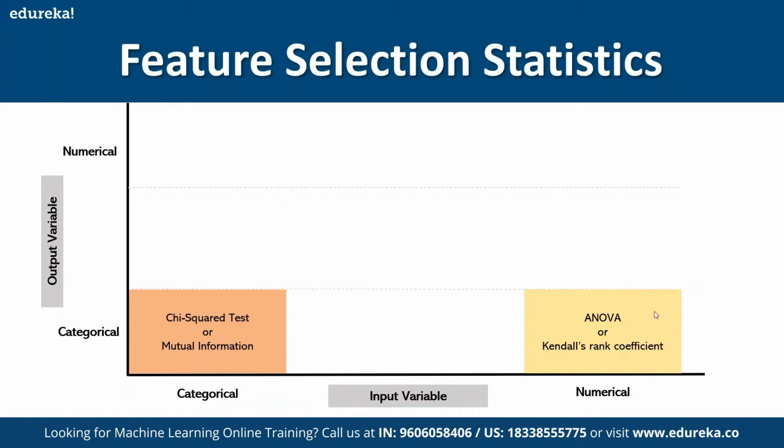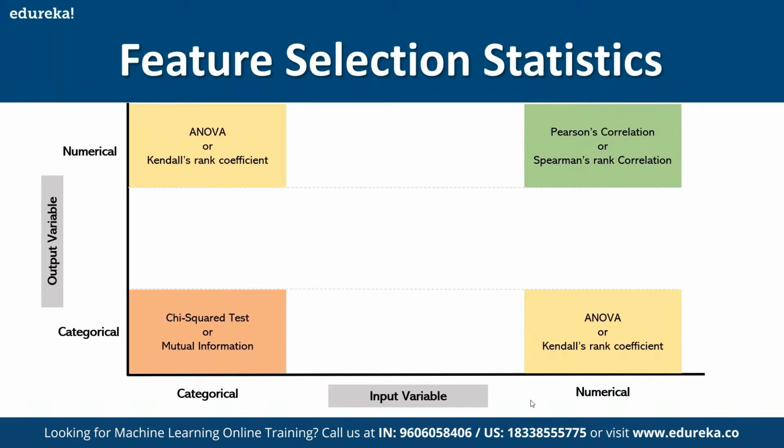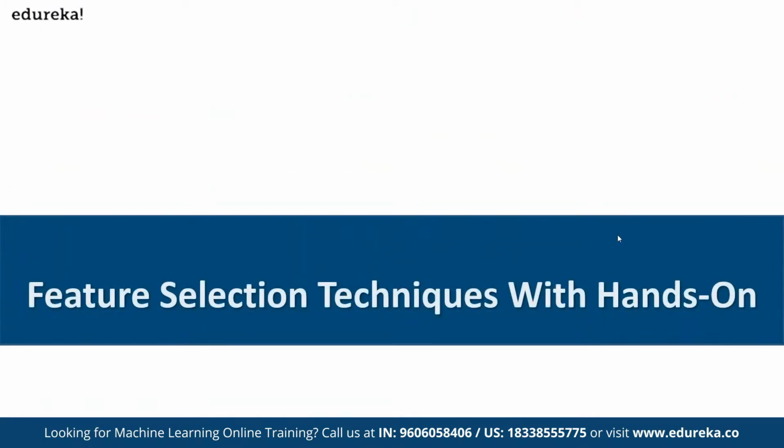ANOVA is nothing but the analysis of variance. It's about if there is some special effect, what is the effect it has on the overall dataset? In such scenarios, we'll make use of this ANOVA test. And if I have categorical input with a numerical output variable, then we'll make use of ANOVA or Kendall's rank coefficient. And if both of them are numerical, then we'll make use of the Pearson correlation coefficient and find these important features, guys. So this is how we work with the overall dataset.